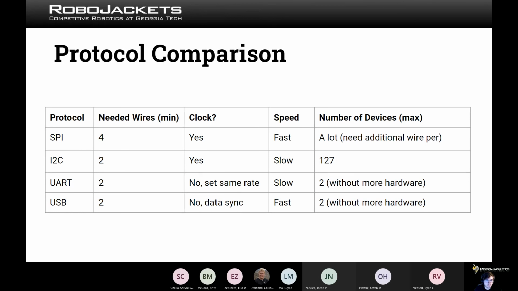So, going over a quick summary, you can compare which protocol you think would be most appropriate for your engineering application. SPI was the first we covered. You need 4 wires minimum. You need a clock. It's relatively fast though. Because you have 2 separate lines for communication both ways, you won't get bogged down.